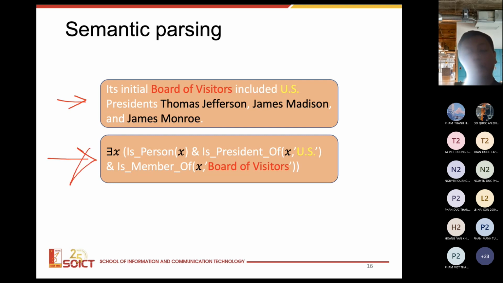In this expression, you see it's like a mathematical formulation that can be executed, and by executing the formulation, it can return the answer for this input sentence, right?